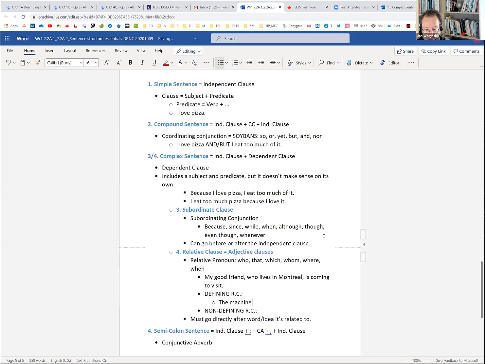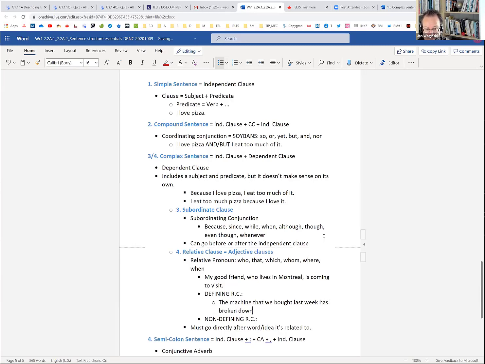The machine that we bought last week has broken down already. So the independent clause is the machine has broken down already. And the dependent clause, the relative clause, is that we bought last week.